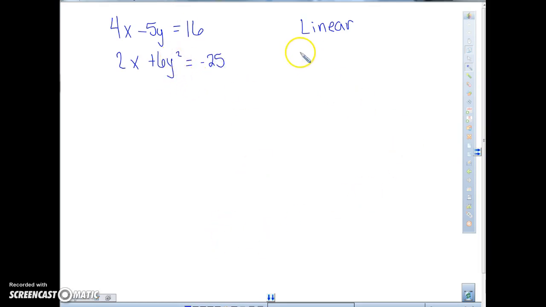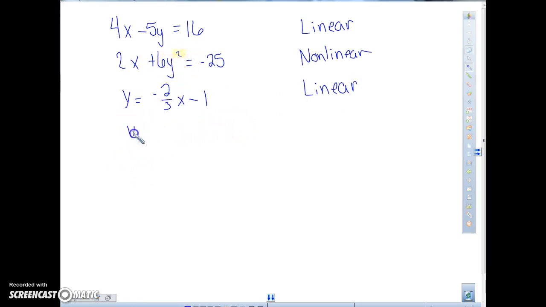This one is nonlinear. And the reason it's nonlinear is because of this squared that we have there. The next one, let's do y is equal to negative 2/3 x minus 1. This is linear, and it's in slope-intercept form.